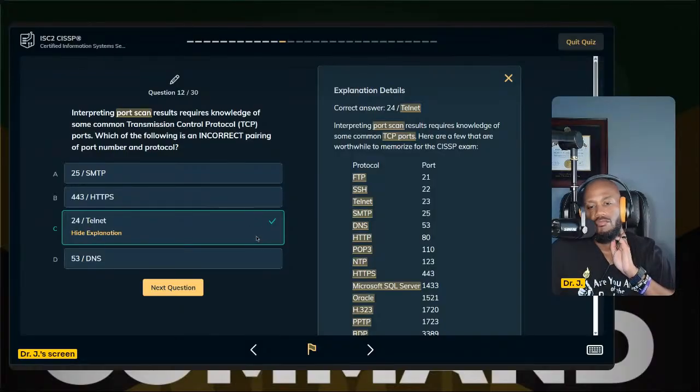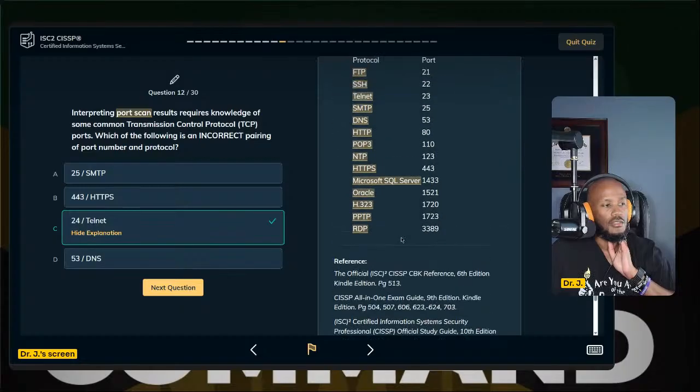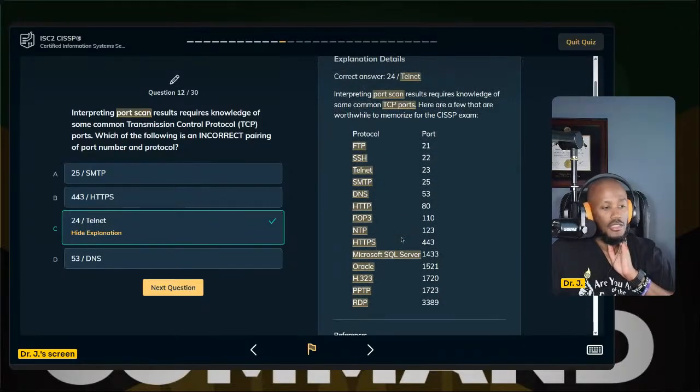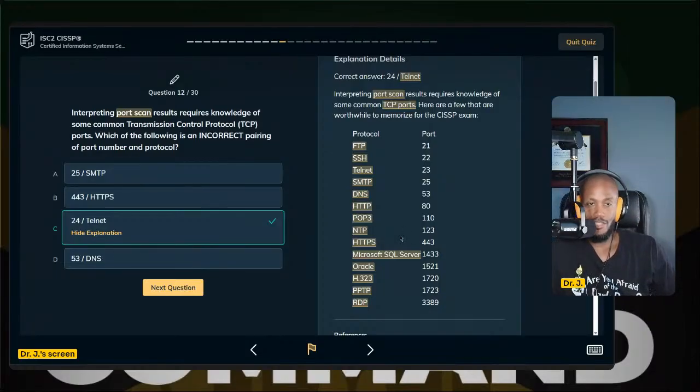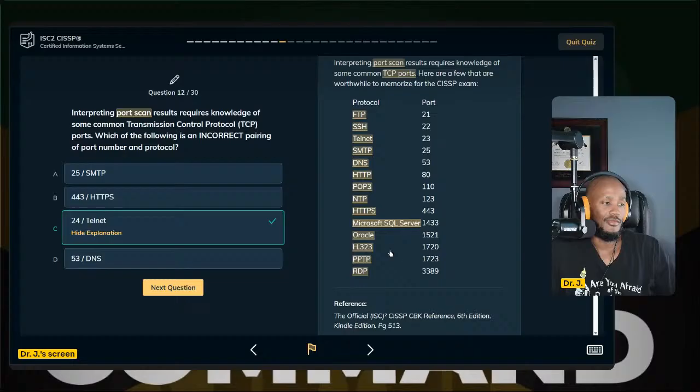These are very good ones to definitely know. It's critical, because these are going to come up quite a bit, not just for CISSP but especially for Security Plus and Network Plus. You definitely want to know these ports at the minimum.